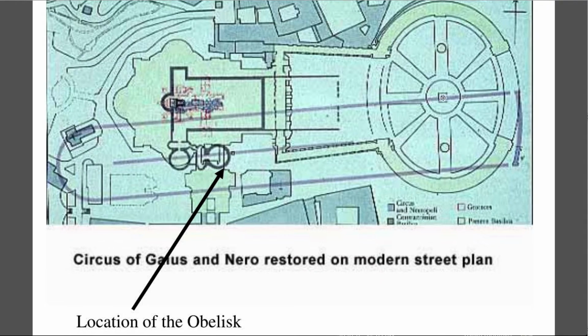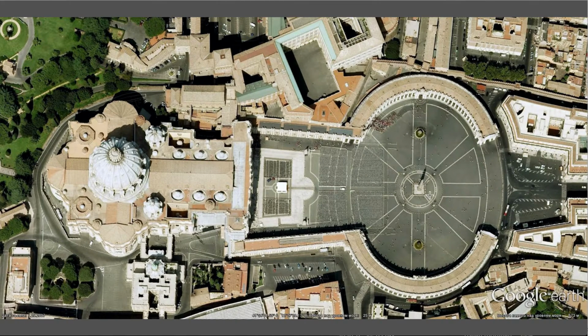And the purpose of this obelisk is that it existed at the time that St. Peter was crucified, so it bears witness to that event. As you see, there's a big fountain here.